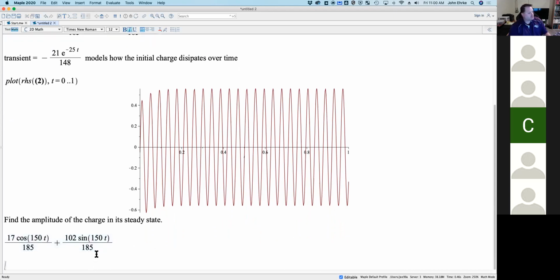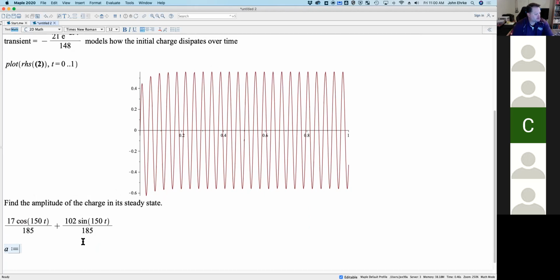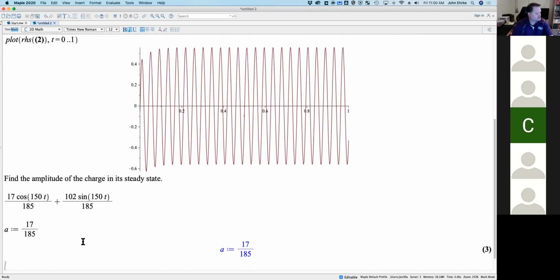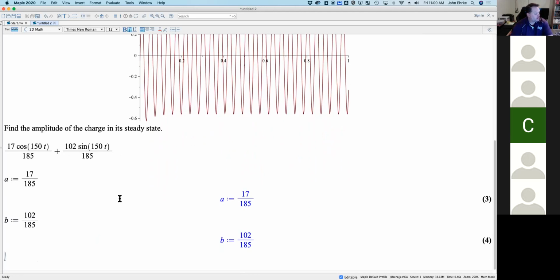I'm not 100% certain that you remember how to find those, so I wanted to go over it with you today. The coefficient of the first oscillation here is 17/185ths, and the coefficient of the second oscillation is 102/85ths. Do you remember what the formula is to take those two numbers and come up with a single number that describes the oscillation of this wave?